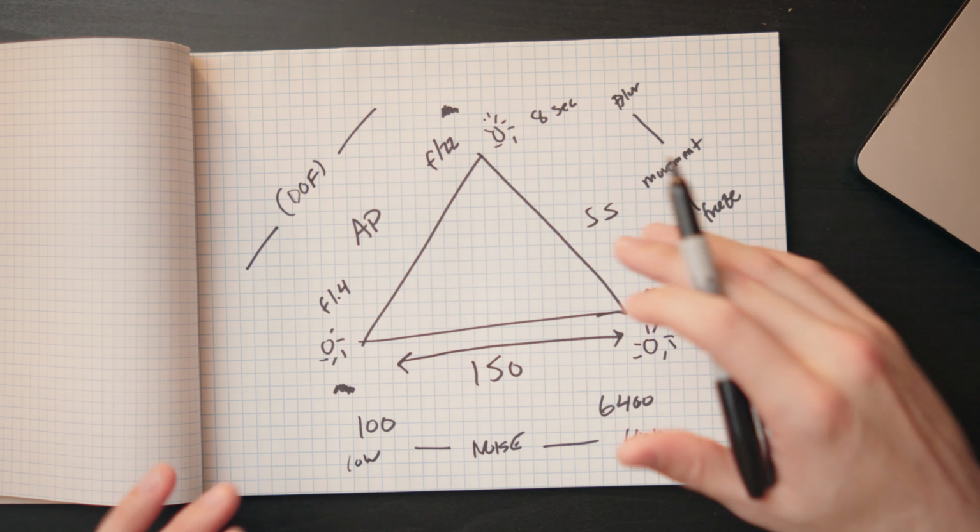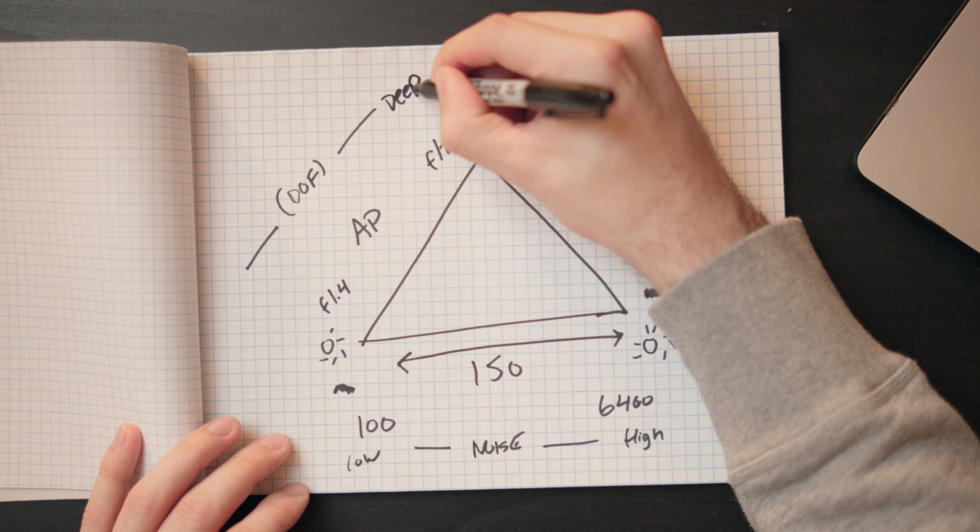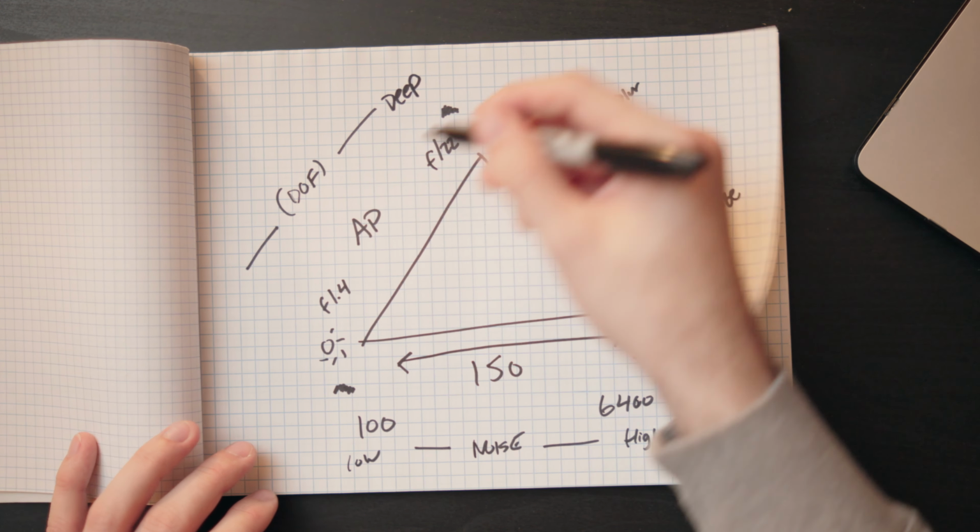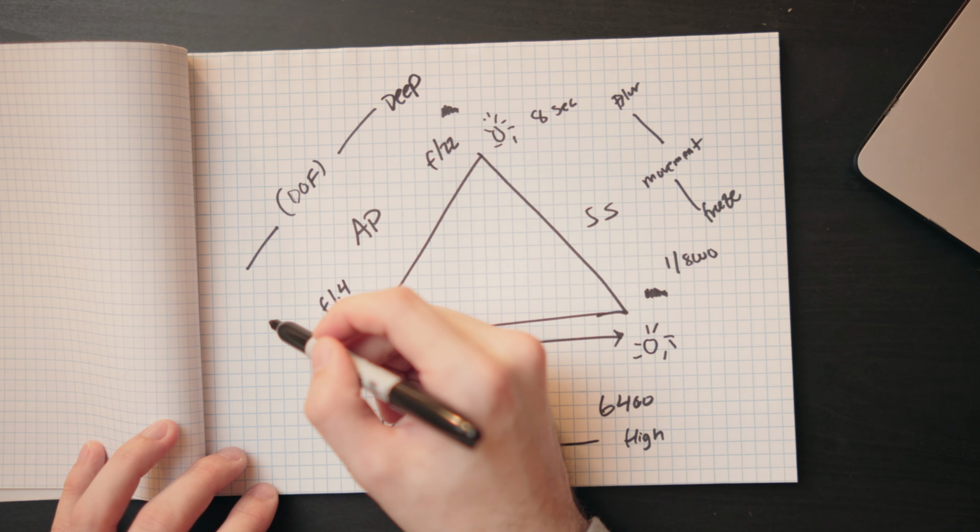So up here at f22, you're going to get a deeper depth of field than you would down at 1.4, which is going to give you a very shallow depth of field.